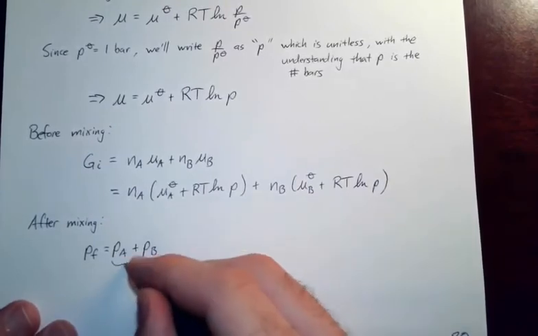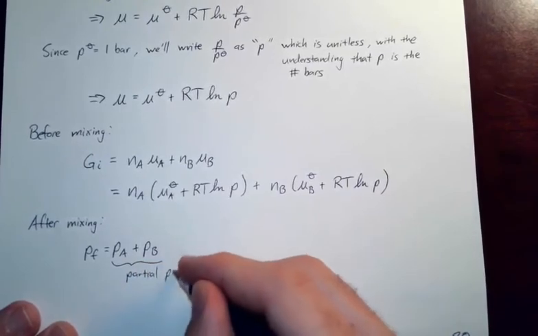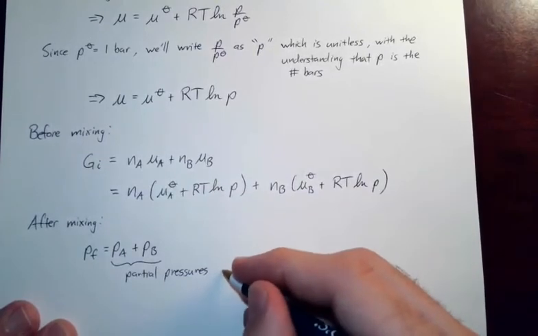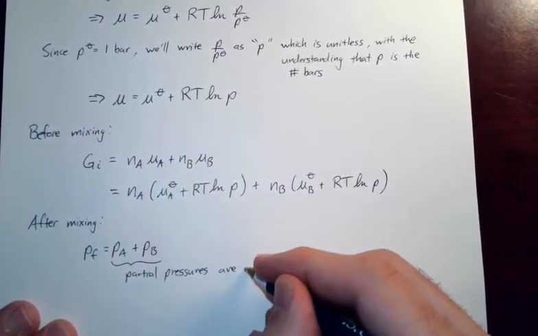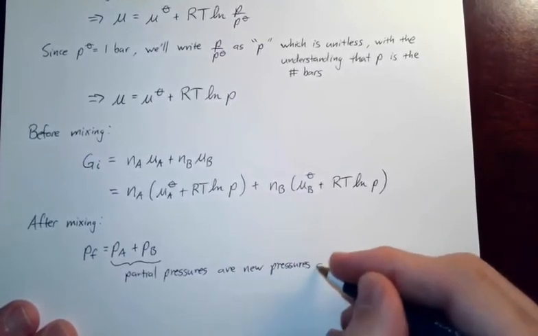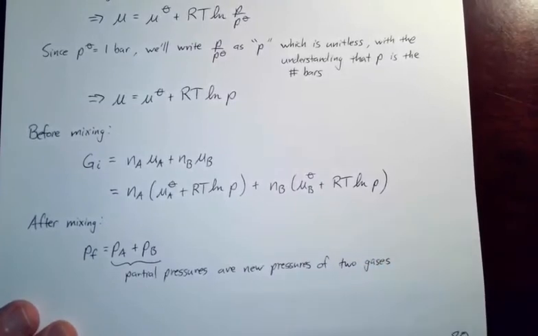These partial pressures are the new pressures of each gas after mixing. Okay, so let's put that in our formula.